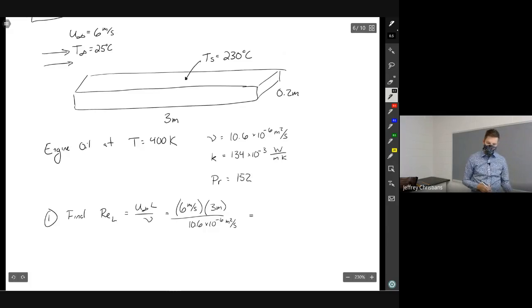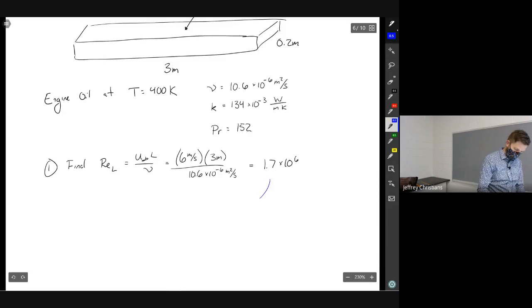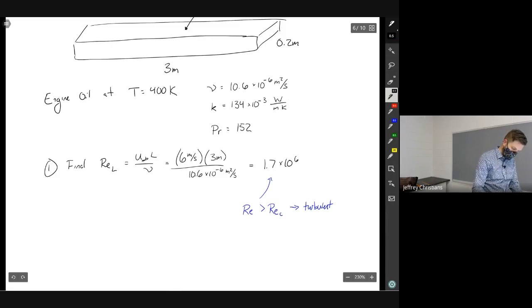This gives us a Reynolds number of 1.7 times 10 to the 6. So this is a large Reynolds number. This is going to be turbulent flow at the end.